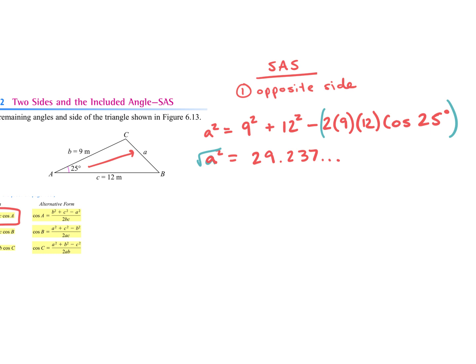We got to get rid of the squared. How do we do that? Square root both sides. So we're going to take the square root of our answer. So we get 5.4. 5.4 what? What are we talking about here? Meters. Perfect. This is side length, so we're talking about meters. So 5.4 meters.